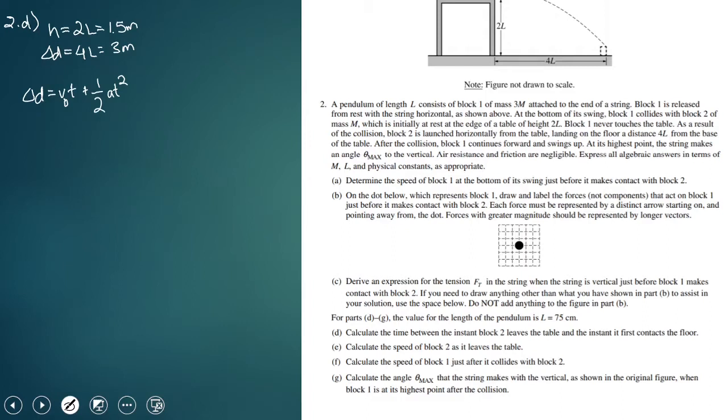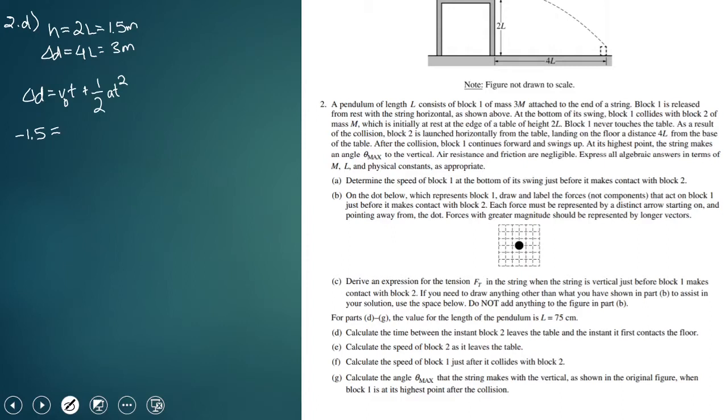Now what exactly is our delta D? Well, we're traveling a total of 1.5 meters down, so we get negative 1.5 is equal to V0T, sorry. Our initial velocity is 0, right?